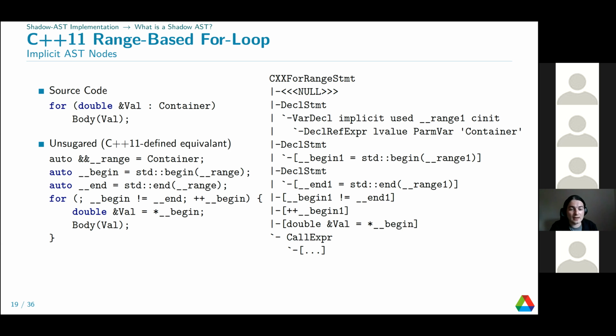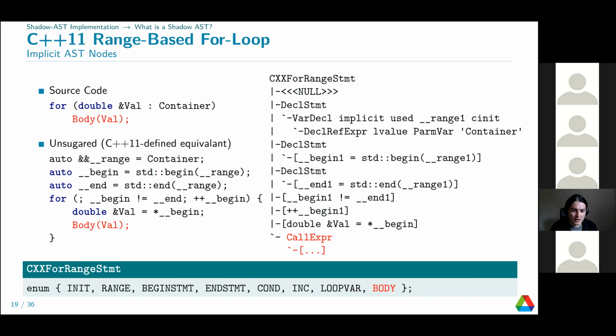This is partially implemented as so-called implicit AST nodes, that is, AST nodes for things that do not directly appear in the source code. So we have the normal ones, in this case the body code, which appear in all the representations, but also AST nodes that only represent statements in the unsugared variant.